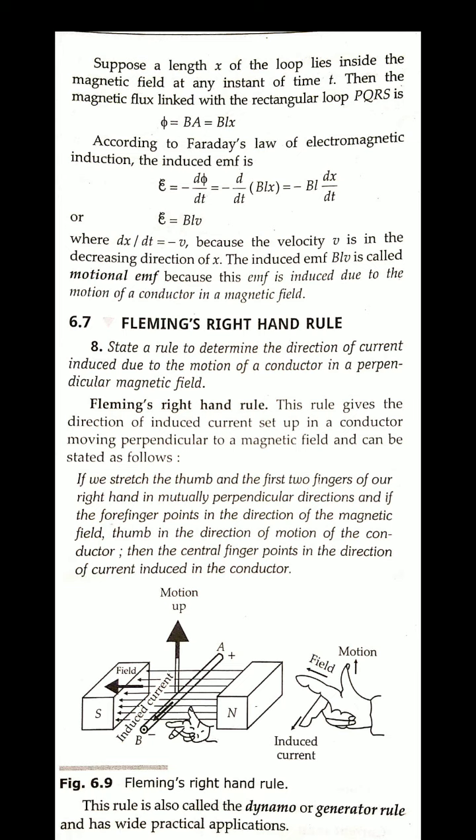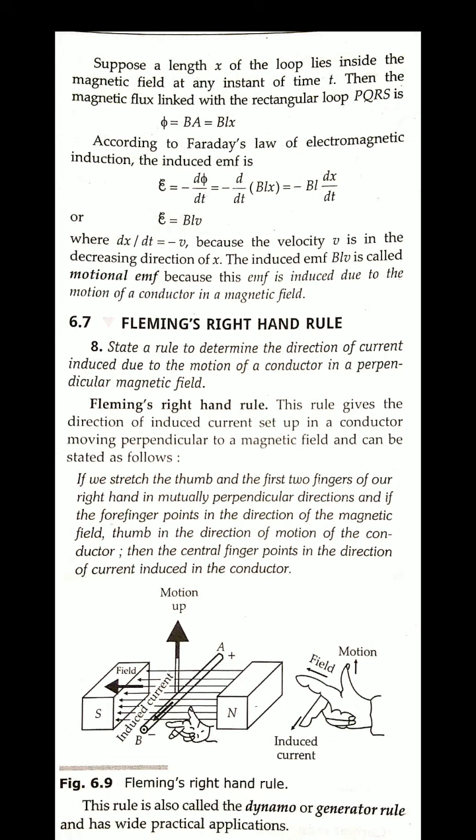Now according to Faraday's law, E equals minus d phi by dt. In place of phi we put B L x. B and L are constant, x is variable because it depends upon the PQ conductor, either increasing or decreasing. So E equals minus B L dx by dt, and dx by dt, the rate of change of position or displacement, is called velocity.